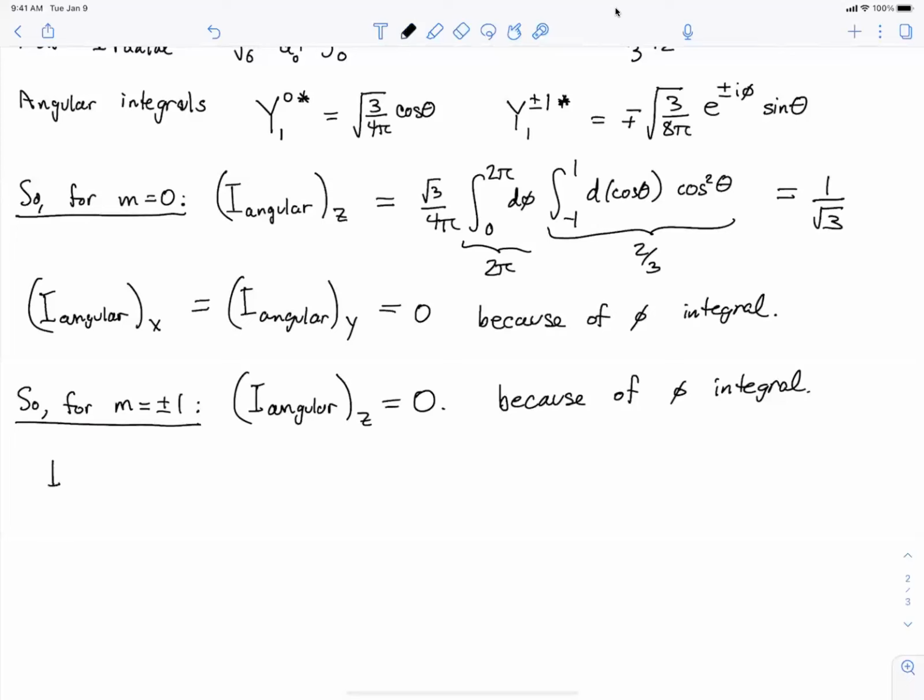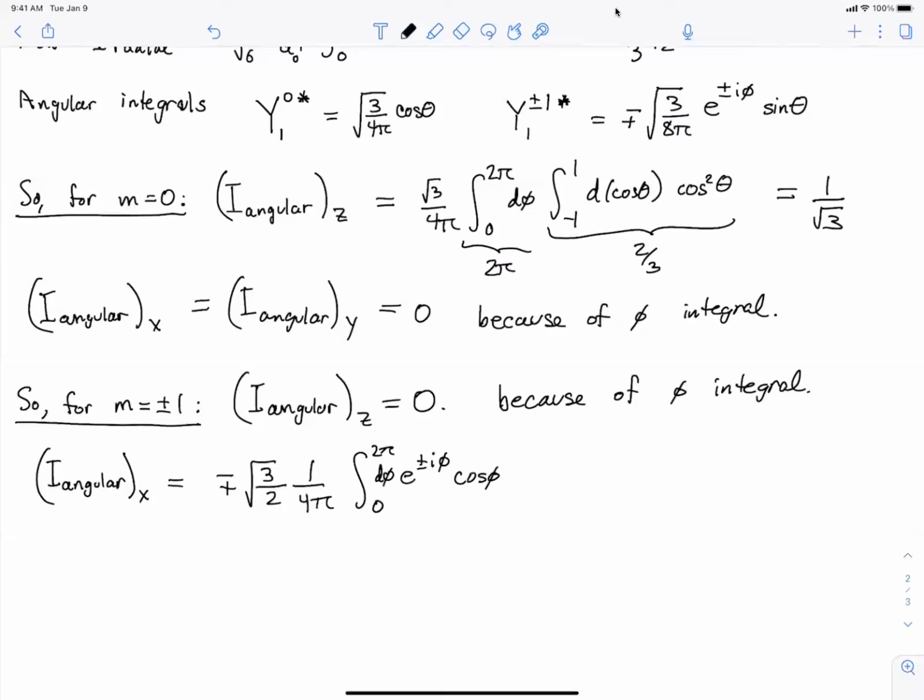But now it's the x and y hat parts that are relatively hard. So I angular x is, we're just going to put in the appropriate YLMs written above, which gives us that factor. And then the phi dependent factor looks like this: e to the plus or minus I phi cosine phi, d phi. And then there's minus 1 to 1 d cosine theta.